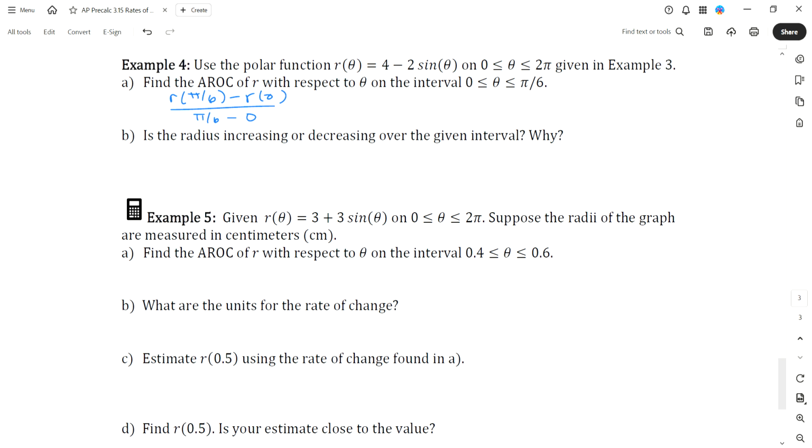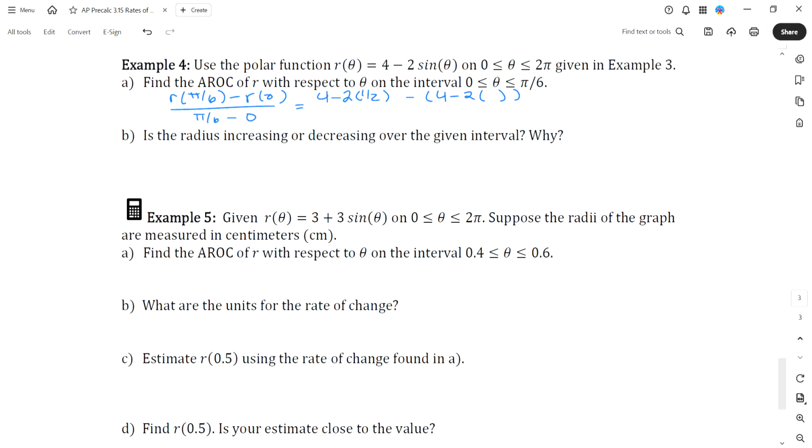Sine at pi over 6 is 1/2. So this is 4 minus 2 times 1/2. What's sine of 0? Sine of 0, so you're going to circle over here.